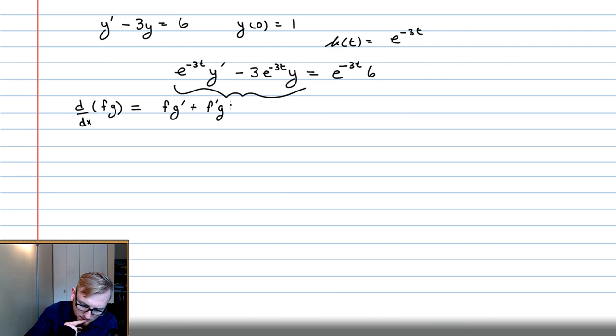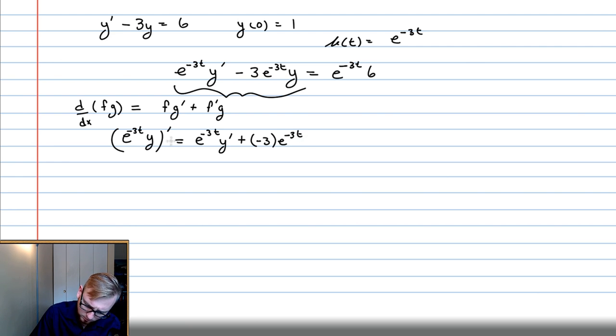It looks interesting because if f is e to the negative 3t, and g is just y, well, that would equal e to the negative 3t times y prime plus, well, f prime would be negative 3 times e to the negative 3t, and then g is just y.